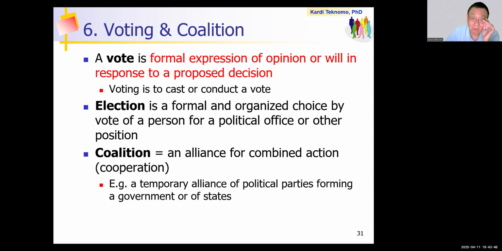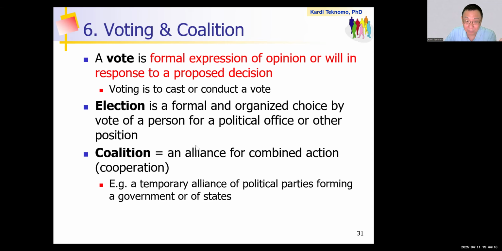A vote is a formal expression of opinion or will in response to a proposed decision. When we say voting, it means you cast or conduct a vote. An election is a formal or organized choice, by voting, of a person for a political office or other position.